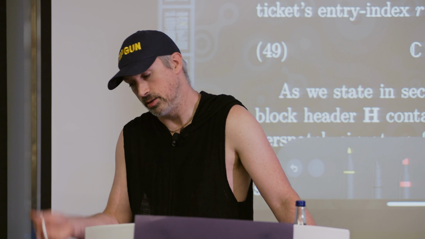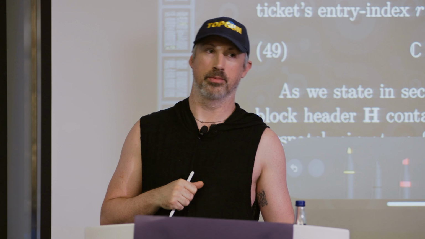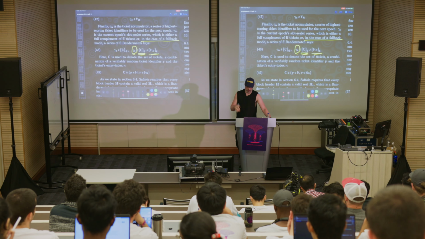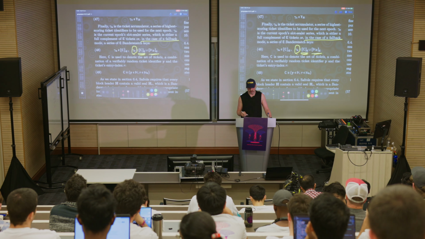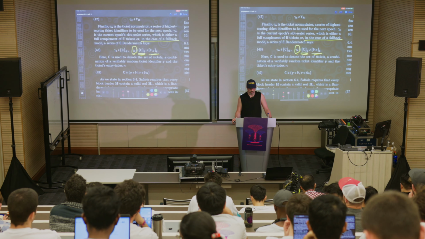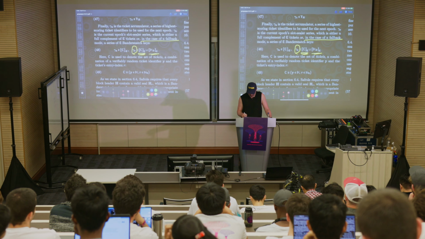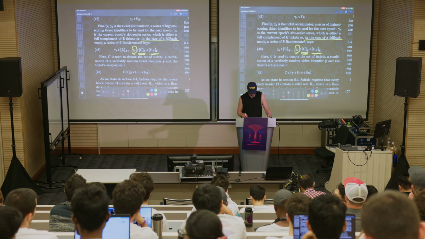So we disregard that we were running a lottery at all, and we just pick a random selection of Bandersnatch keys. This means that anyone looking at the chain knows which validator will be authoring in which slot. It's not ideal. It's a fallback, and we don't ever expect it to happen, but if it does, we just have to accept that the network is running with less overall resilience.